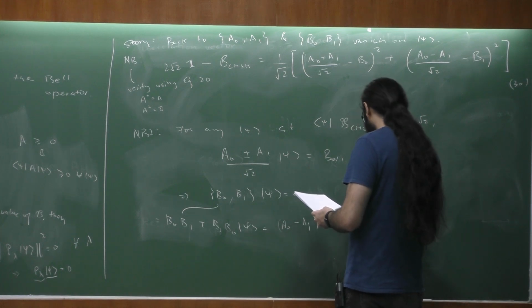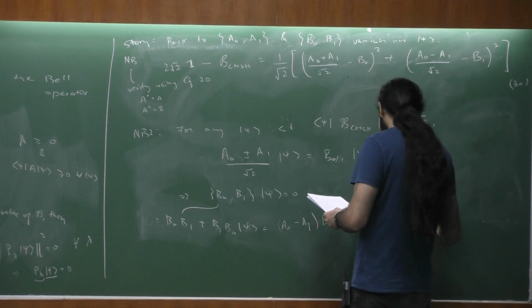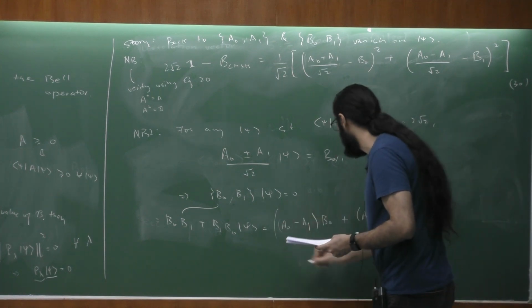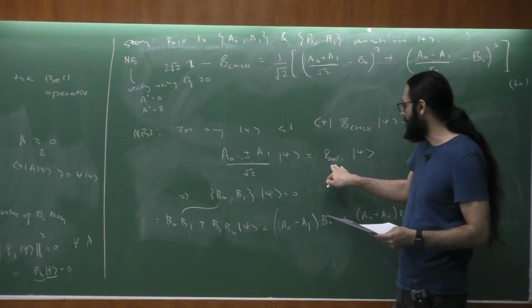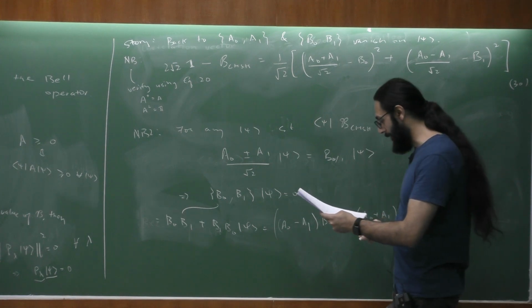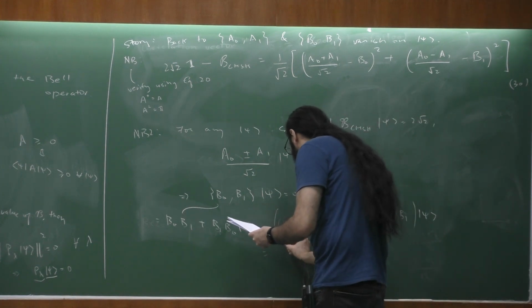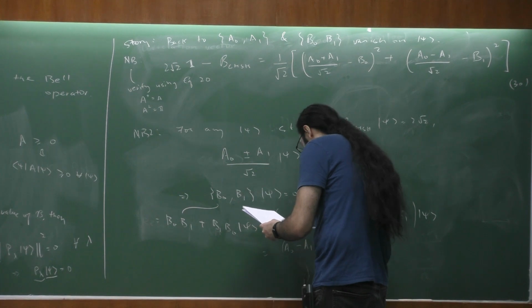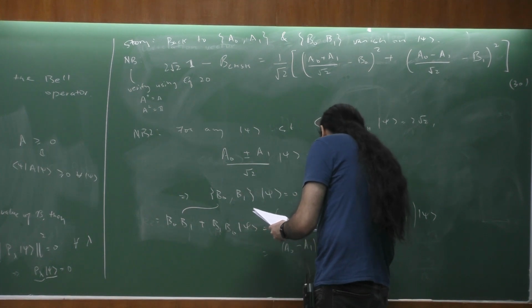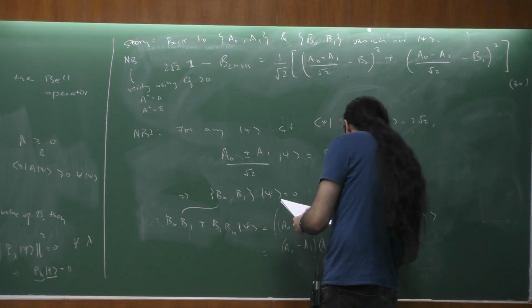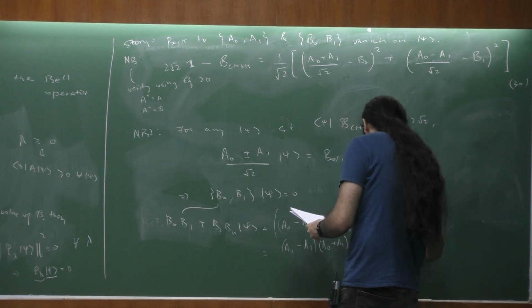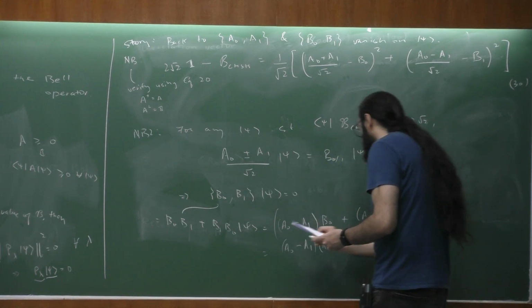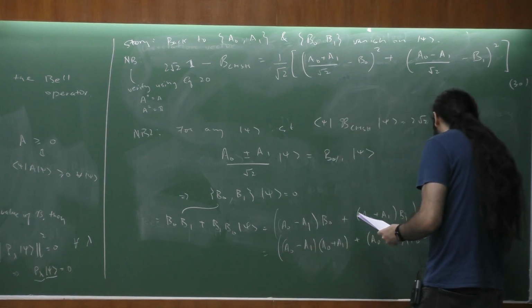A0 plus A1 acting on B1 acting on psi. There's a big bracket. I just substituted for B0 B1 from the expression, and then you can substitute again, and you'll get A0 minus A1 times A0 plus A1, plus A0 plus A1 times A0 minus A1, acting on psi.